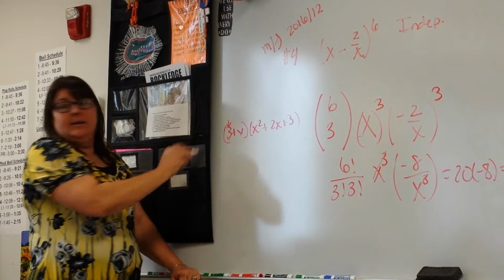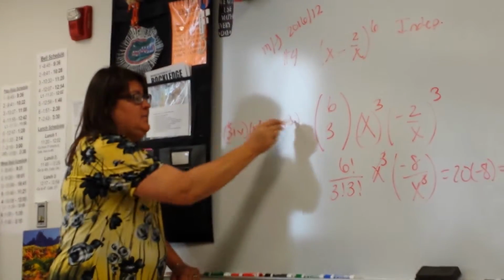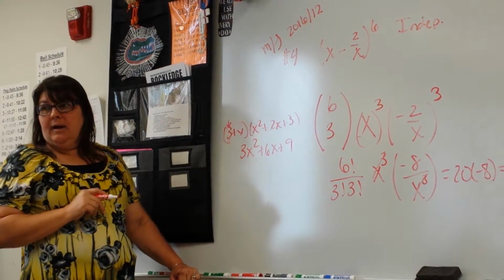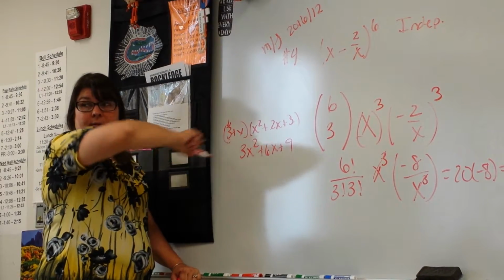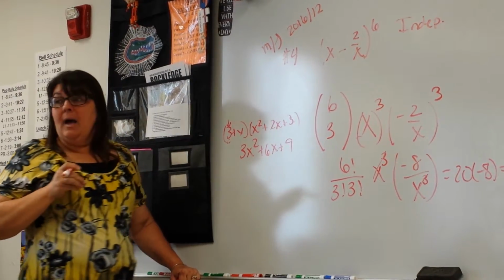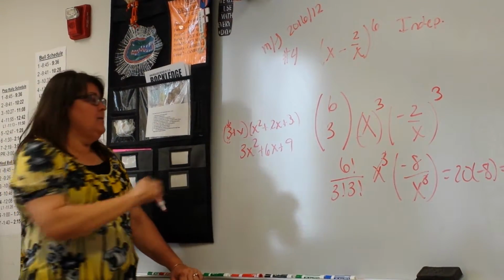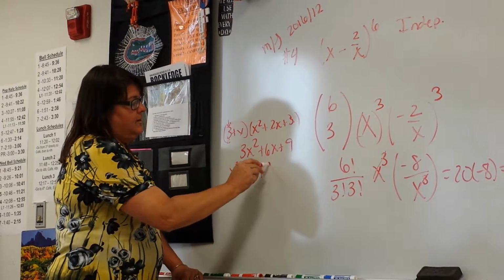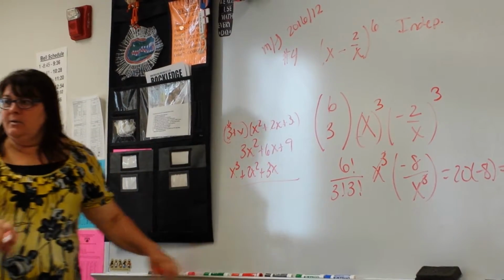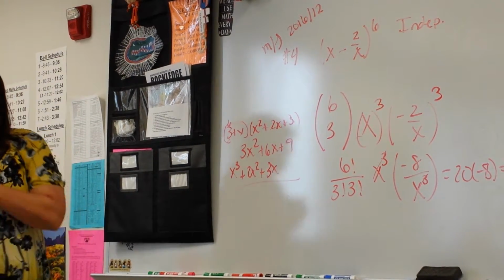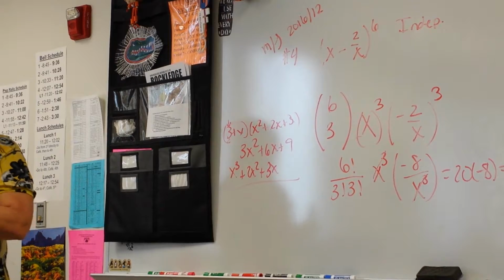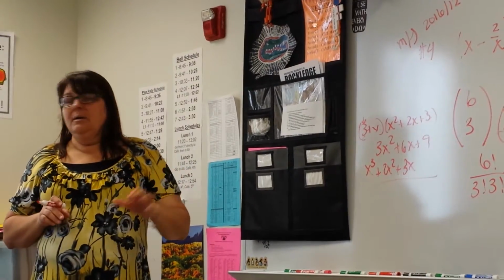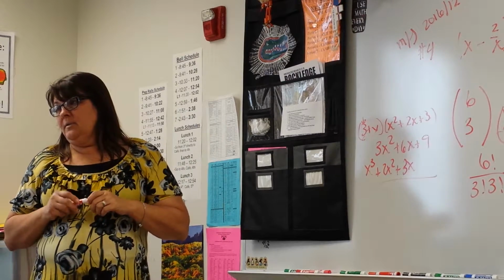We take this first thing and multiply it by each piece, so we'd have 3x squared plus 6x plus 9. Then we take this one and multiply it all the way across, line them up and add up like terms. So this would be x to the third plus 2x squared plus 3x. In actuality, you take the first piece, multiply it through, the second piece, multiply it through, and add like terms. You're not going through the process of multiplying everything through. You just do that and then add like terms.